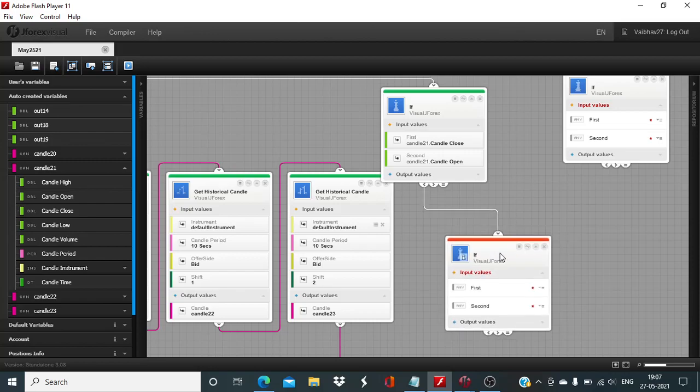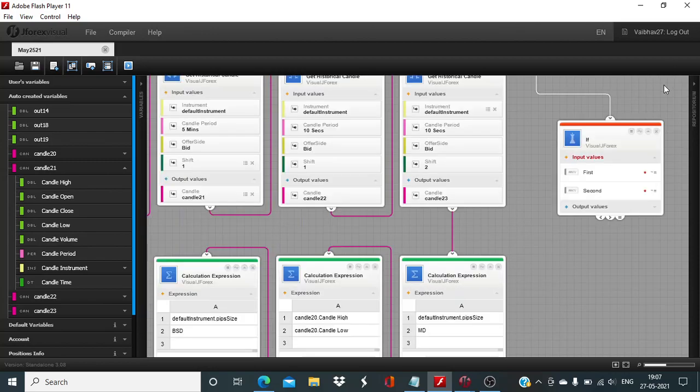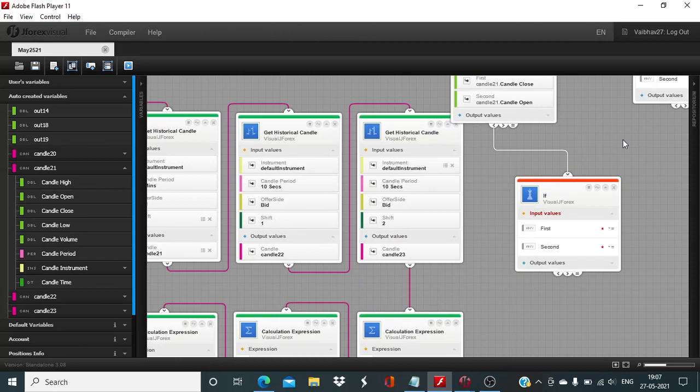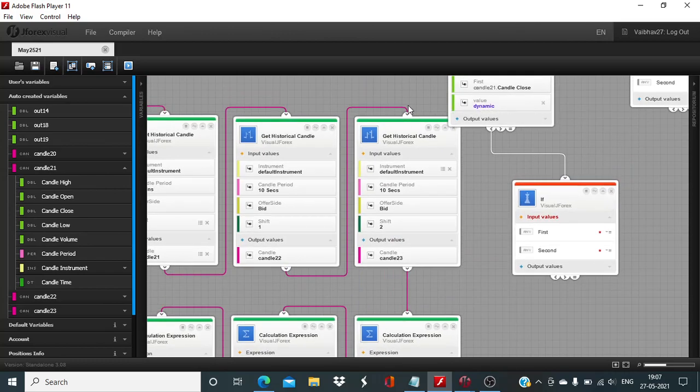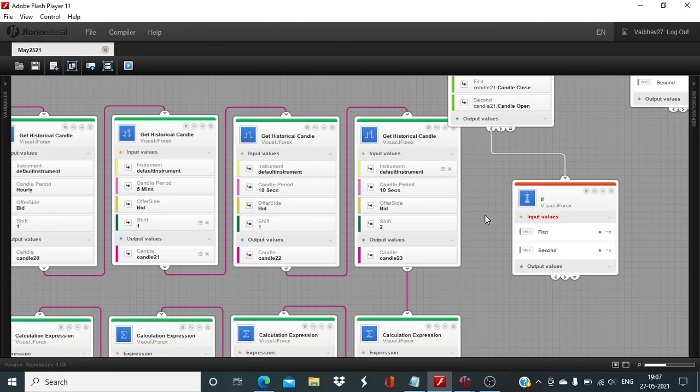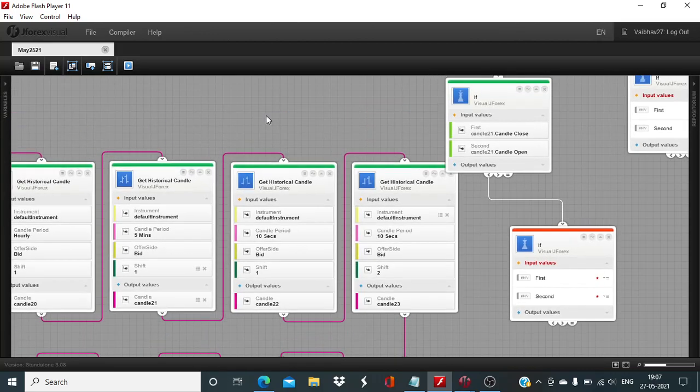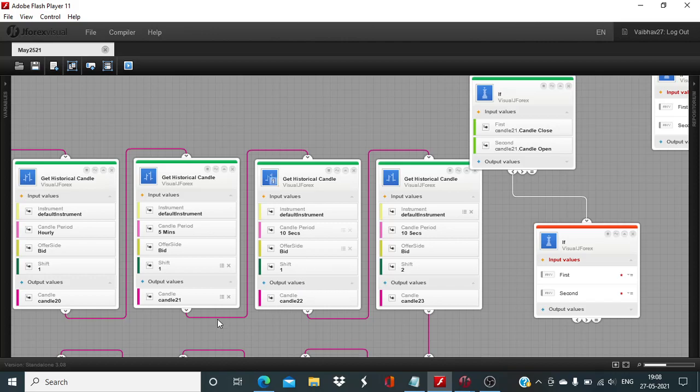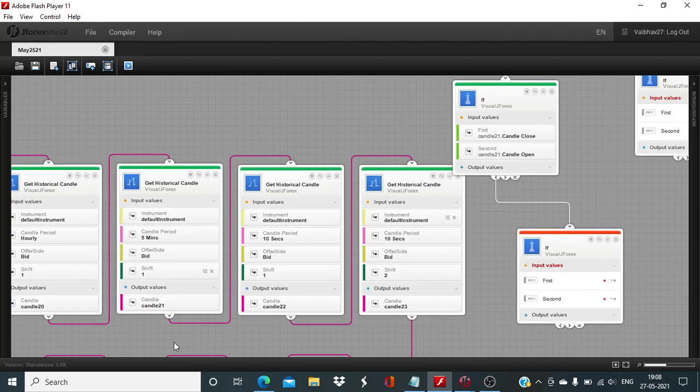and after that all we need is the last 10-second candle to close lower than the 5-minute candle close, whereas the penultimate candle had closed higher. So we need to compare these candle 22nd, candle 23rd, and candle 21's closing prices.